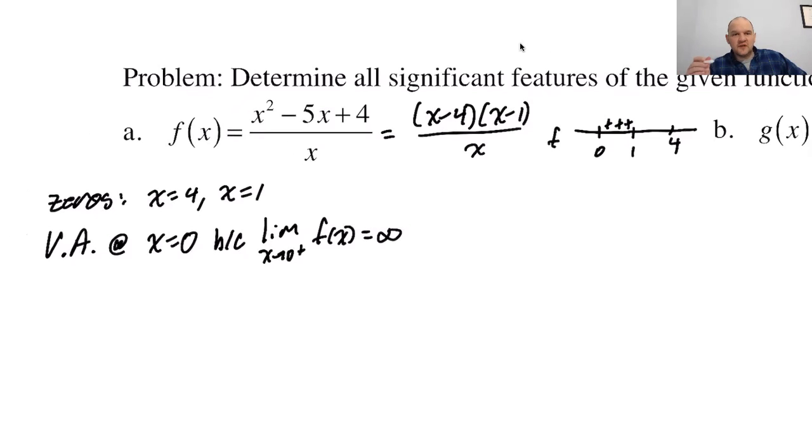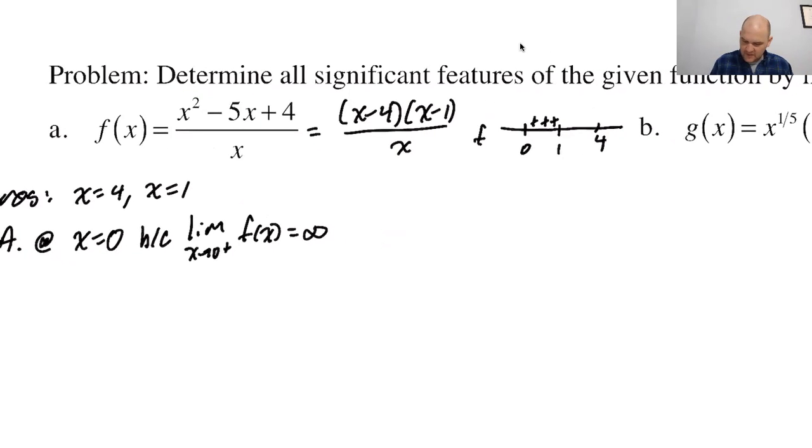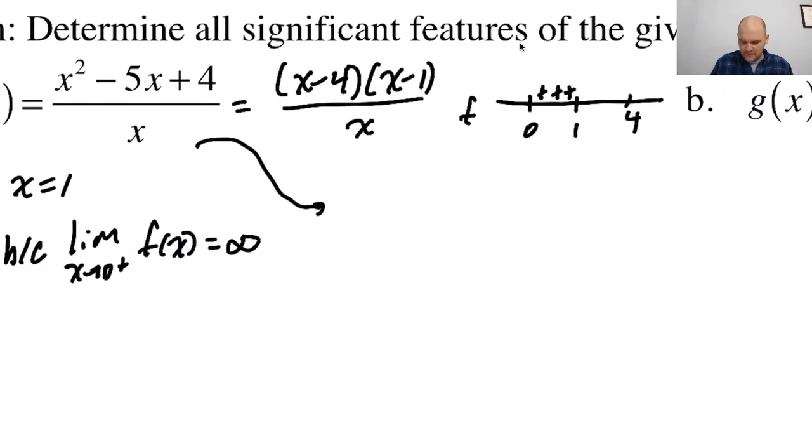Now, because the degree of the numerator exceeds the degree of the denominator by exactly 1, I know that this function has a slant asymptote. To find the slant asymptote, what I want to do is long division, but this function is actually kind of convenient because you can do long division just by simplifying this thing. So f of x is actually equal to x squared divided by x is x.